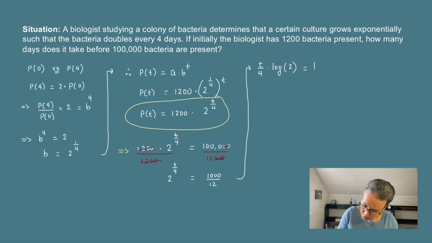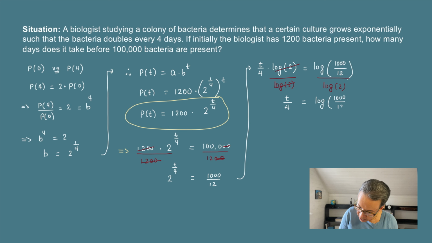And that will be equal to the log of 1,000 divided by 12. And now, when we divide by log 2, I will be able to cancel the logs on the left, and I'm going to have t over 4 equals the log of 1,000 divided by 12 over the log of 2.